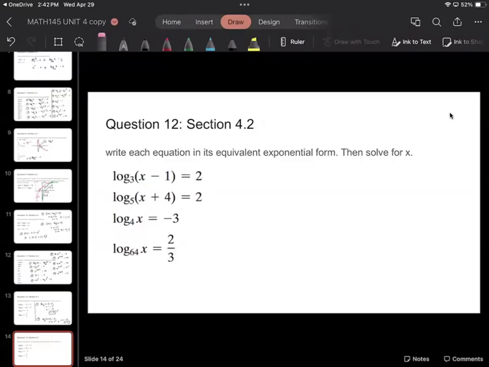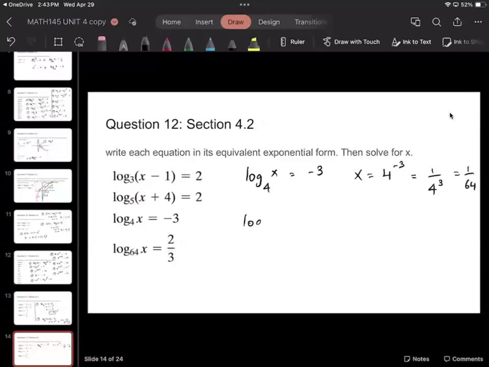Okay, so the next two questions. Log of x to base 4 is negative 3, which means x is 4 to the power of negative 3. And 4 to the power of negative 3 is nothing but 1 over 4 to the power of 3, which is 1 over 64.